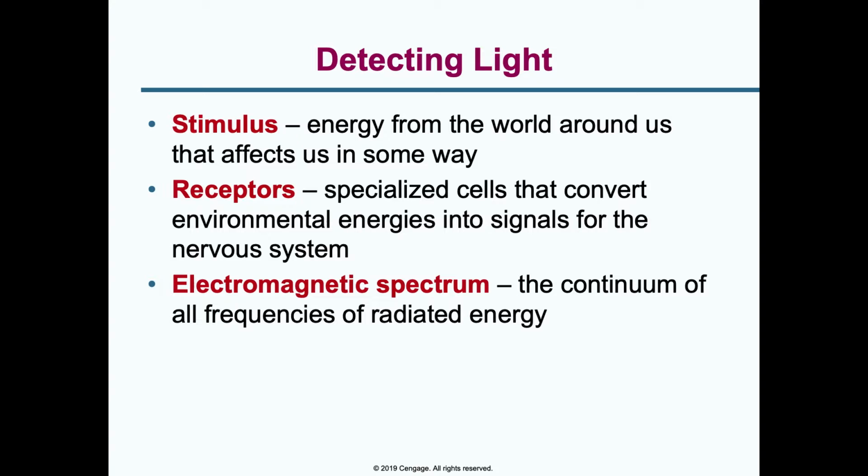Okay. Another important piece to detecting light has to do with the electromagnetic spectrum. Think of a spectrum as a range of something. So the words continuum and range go together. It's basically where all parts of energy come together. More specifically, light is a part of this spectrum, and it contains many different wavelengths.